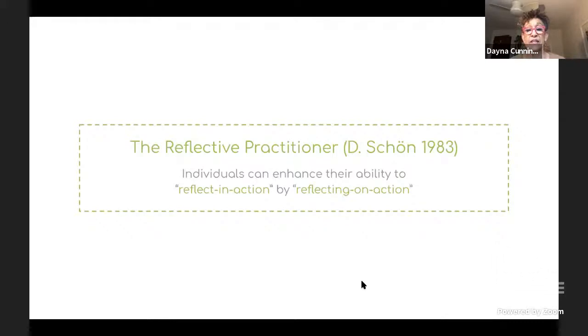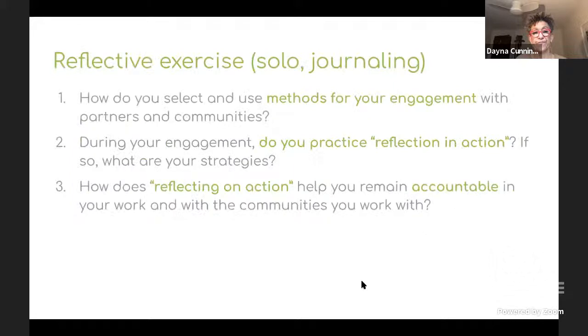That's in the moment, and then reflecting on action is understanding after the fact, looking back at your work and looking back at the context. Both of these are really important skills of the reflective practitioner.